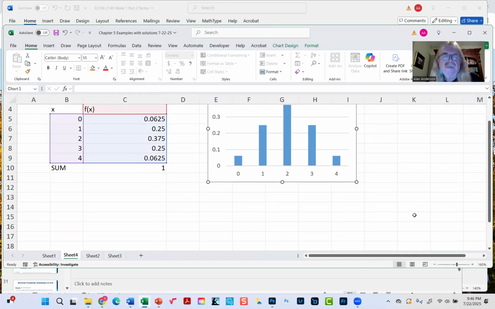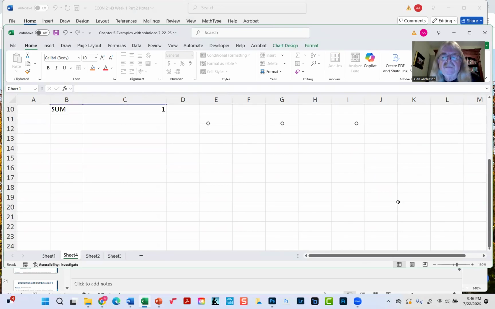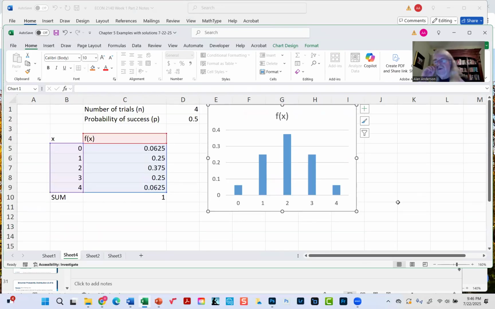Okay, so we've actually done our coin flipping experiment in three different ways. We used algebra, we used the calculator's built-in functionality, and now we've used Excel's built-in functionality. And of course, they all gave us the same results.